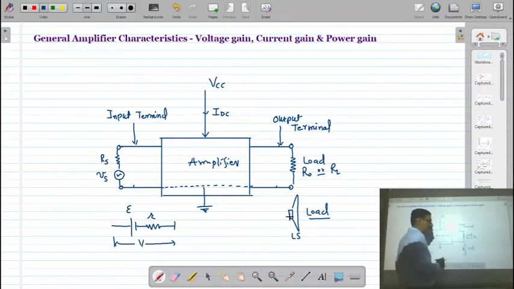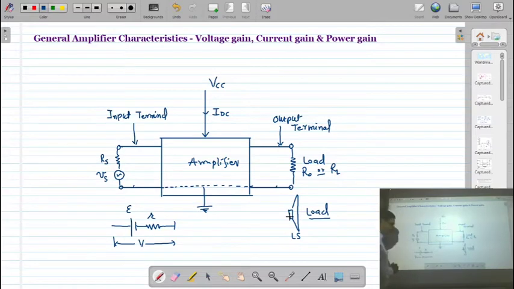Then the motor is known as a load for the amplifier circuit, because the output power is given to the motor and accordingly the speed of the motor is going to change. So you should understand that load doesn't mean there is a resistance connected in the amplifier, but the output of the amplifier is connected to some device and that device is known as a load.